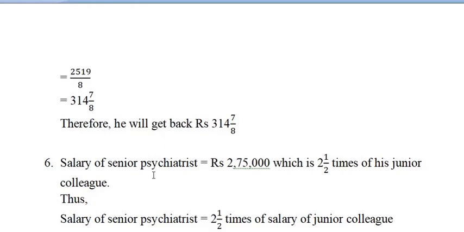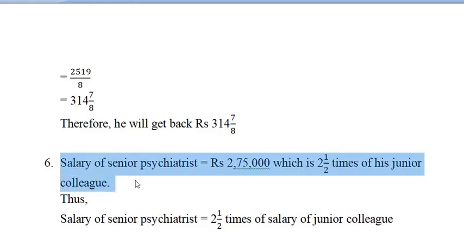So the salary of the senior psychiatrist is rupees 2,75,000, which is 2.5 times of his junior colleague. So you can write the first statement as this.